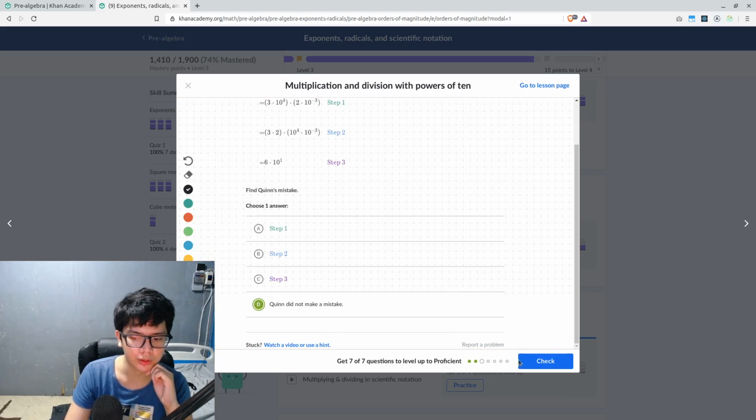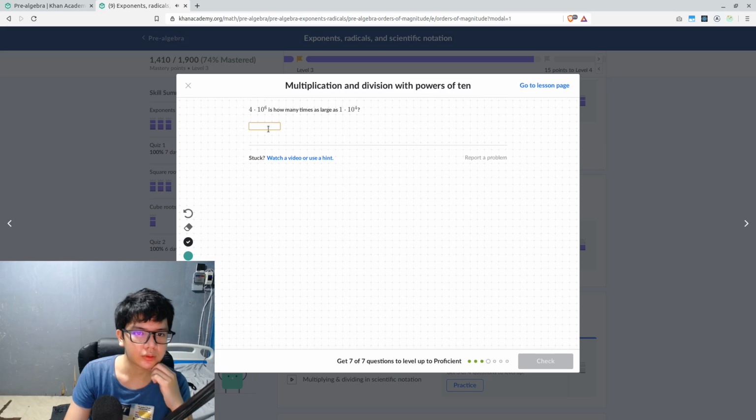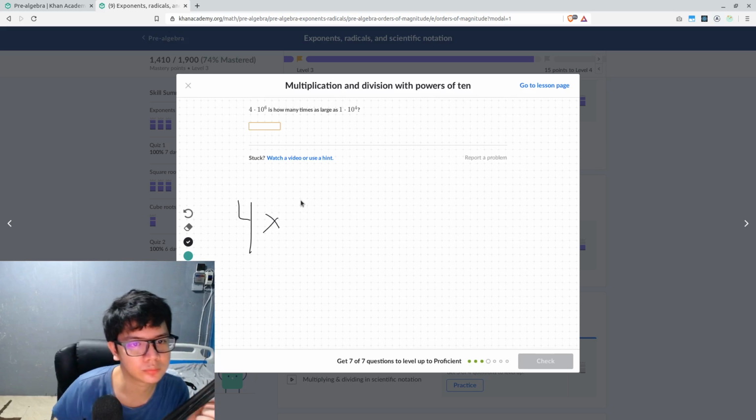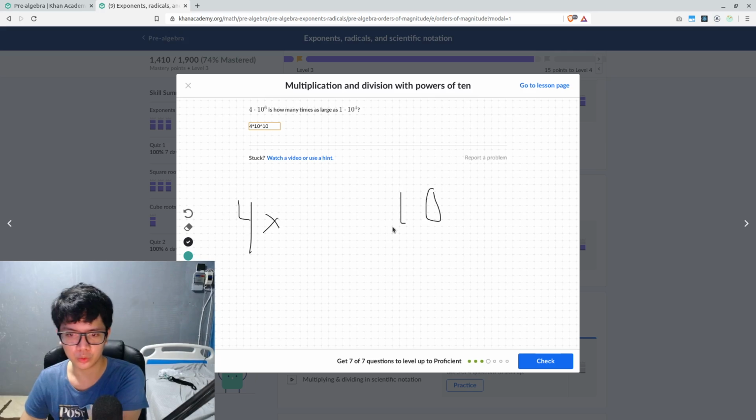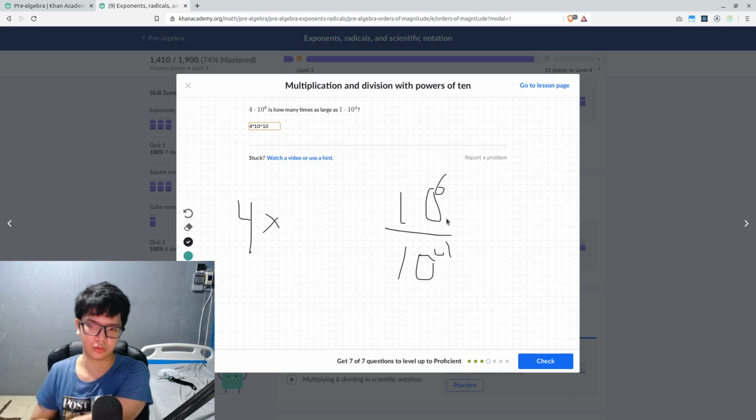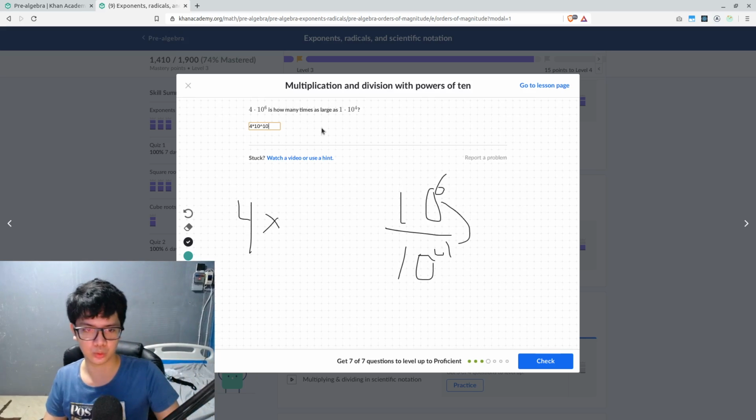Oh wow, cool. 4 raised to 10. I mean, if we do this thing, 4, 6. We're deducting that, roots 400.